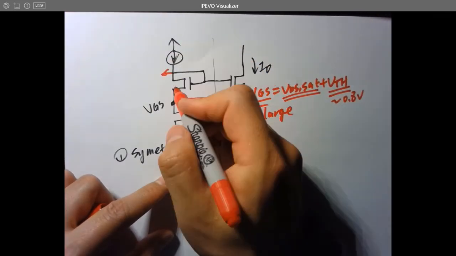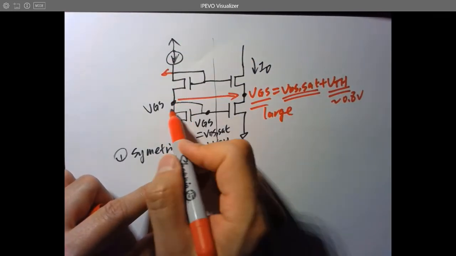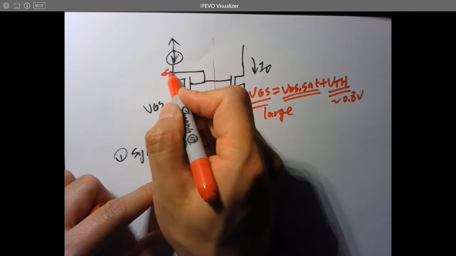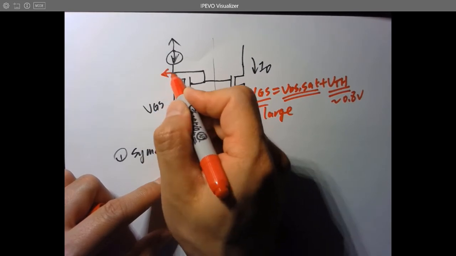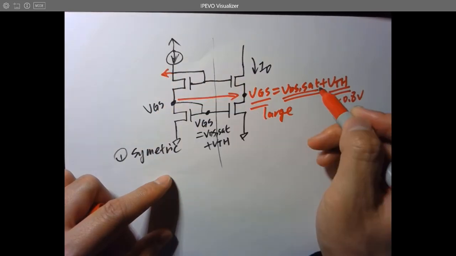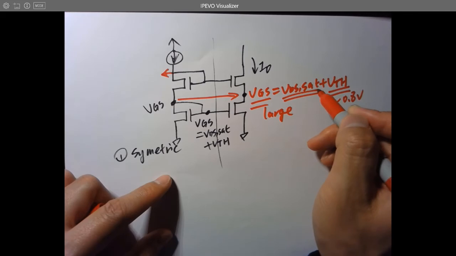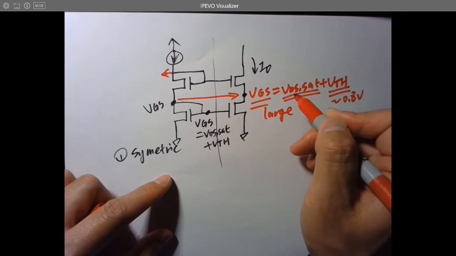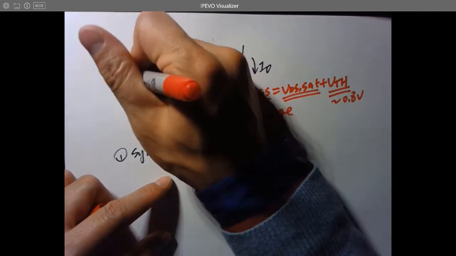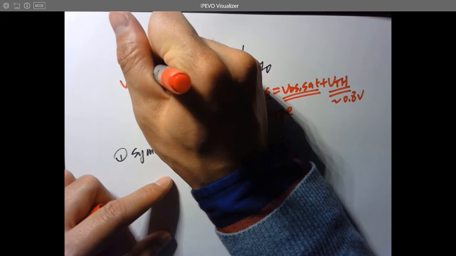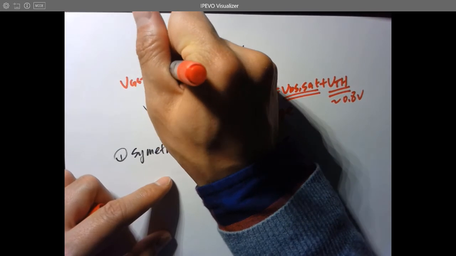After this point, it's getting easier because you only need to add another overdrive voltage, the same as VDS set over here. So this will be VGS plus VDS set.